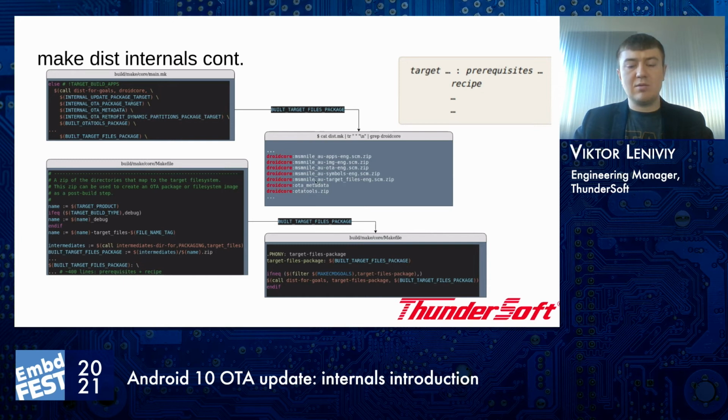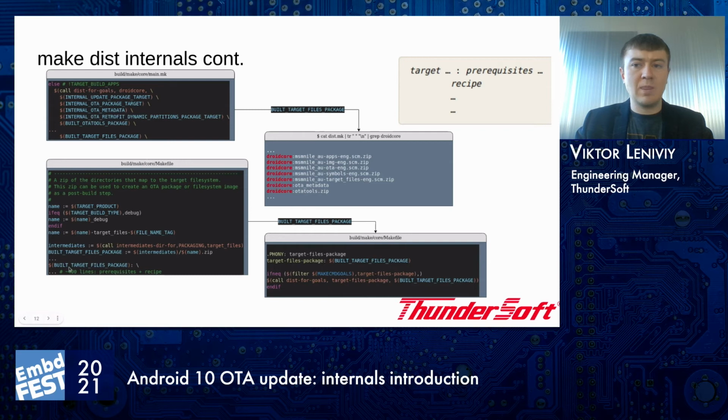You can't also search sources for this name because it's dynamically generated based on your platform name and some settings. What you can see here is target files. This part is static for all platforms, and it is assigned here into the zip file.